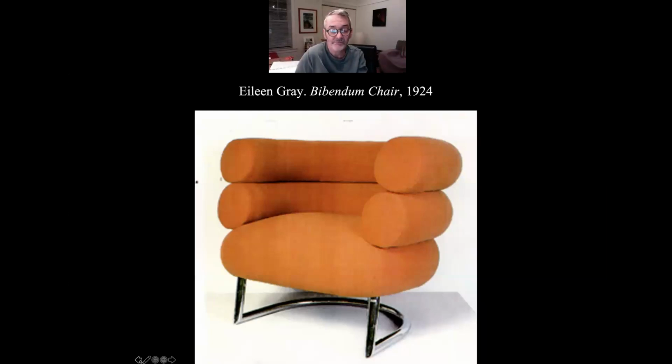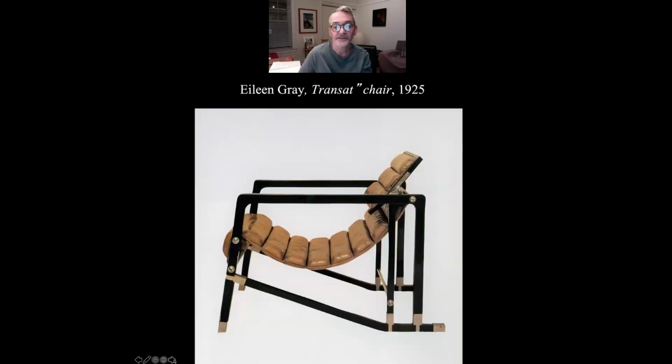And this chair I think is really brilliant. It's almost like it was designed in the '60s, like a pop art chair. And there was inflatable furniture that kind of steals this idea in the '60s.